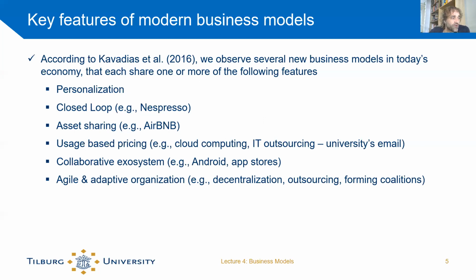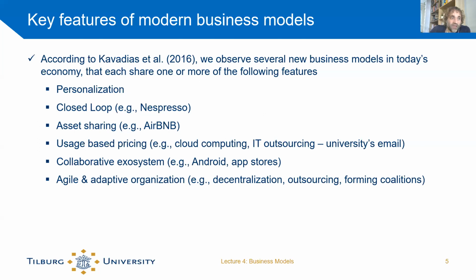Fourth one, usage-based pricing, is that increasingly you see that you pay for what you use. It's now more and more common to also privately lease your car, for example. You can lease your coffee machine, you can lease your washing machine. You pay for what you use. So, for example, cloud computing, you pay for the amount of gigabytes you use up to a certain number of gigabytes.